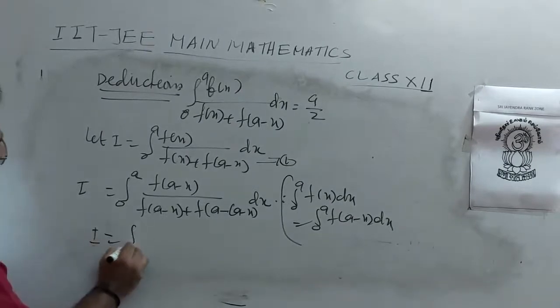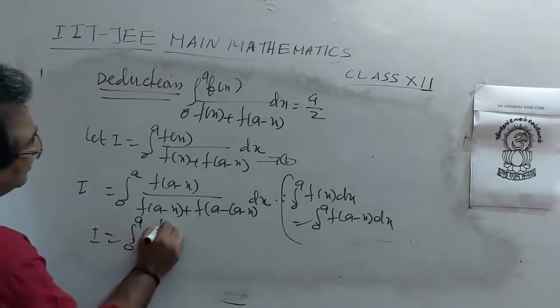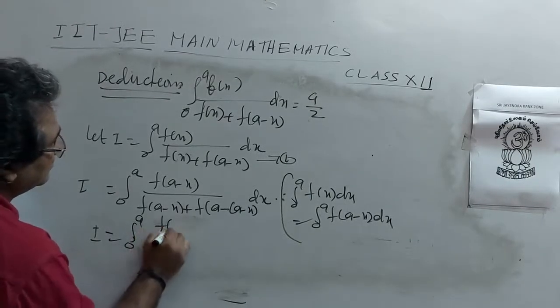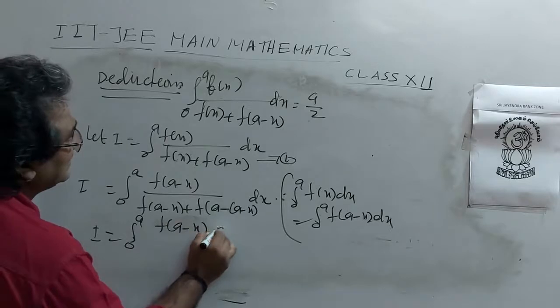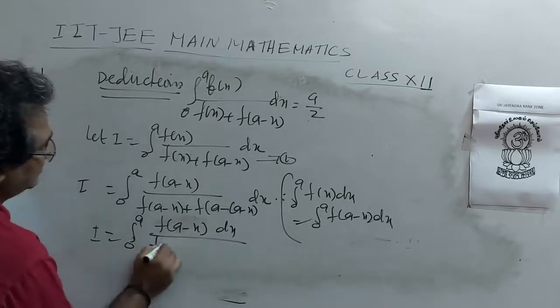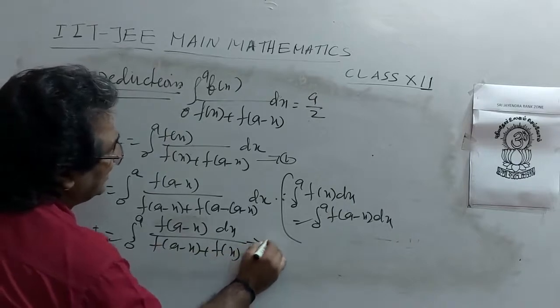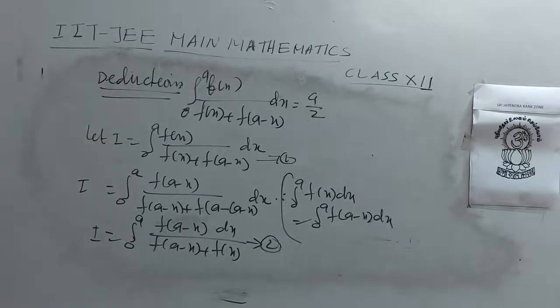So I equal to integral 0 to a f of x by f of a minus x plus f of x dx. Let it be 2.